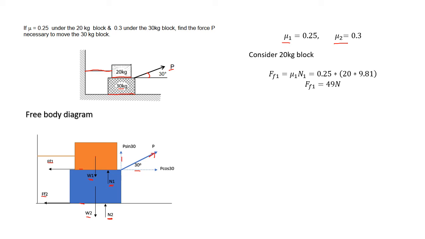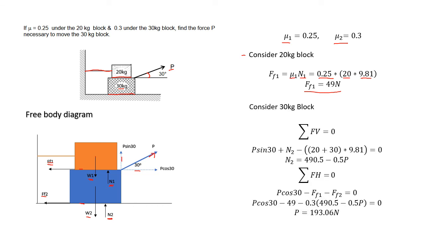And let's first consider the top block. So let's find the friction between the two blocks. So you got mu1 0.25 and N1, which is the weight of the top block, so the mass times the gravity, and we got friction of 49 Newton. Now consider the 30 kilogram block, the bottom block. So we got a sum of vertical force.